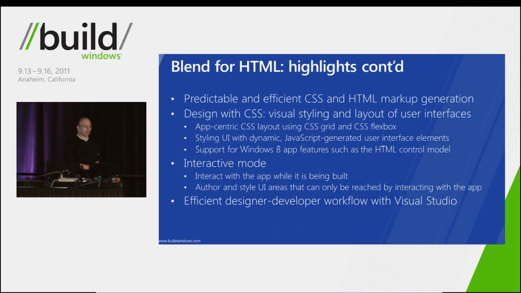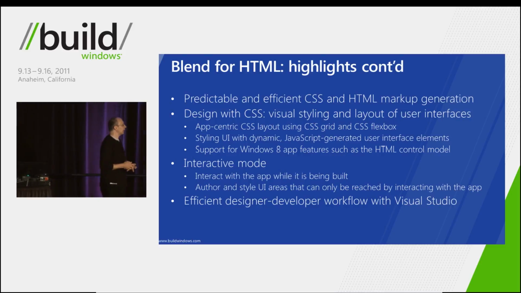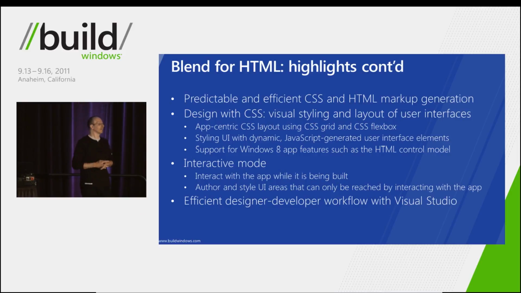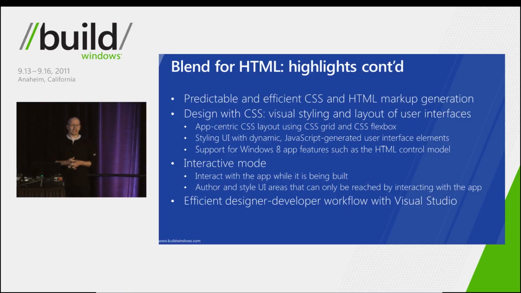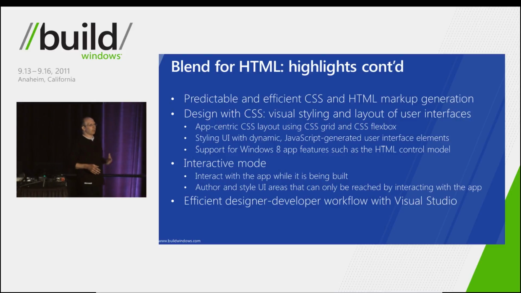So a couple of more things. One of our design goals is to be able to do production quality markup without magic, things that are predictable and efficient. I should say, though, that in this preview that is not all completed, so your mileage may vary in the preview. A big part of Blend for HTML is styling, CSS styling. And styling, by the way, in CSS, of course, includes layout, which is very, very cool. And we're focusing very much on styling for applications.